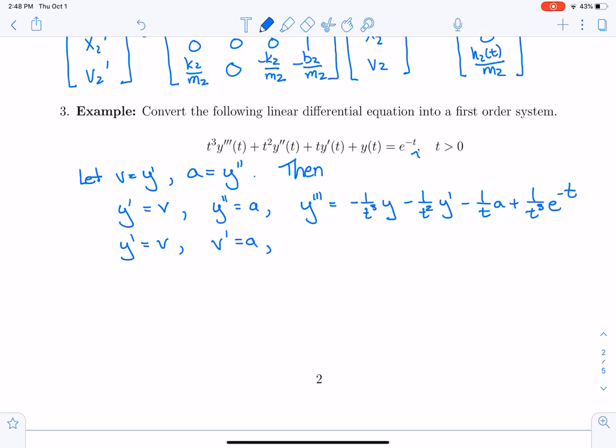And y triple prime is actually a prime, the derivative of acceleration. And so this becomes minus 1 over t cubed y, minus 1 over t squared y prime, which is v, minus 1 over t times y double prime, which is a.